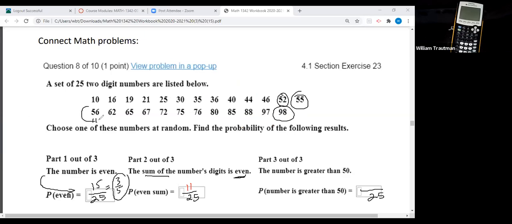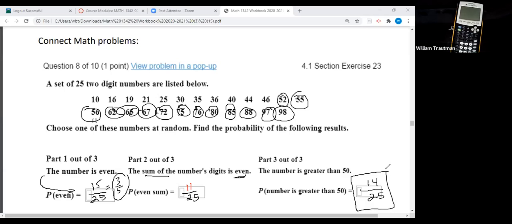All of these are greater than 50. 1, 2, 3, 4, 5, 6, 7, 8, 9, 10, 11, 12, 13, 14. 14 are greater than 50. I don't think it reduces, so we are done. 14 out of 25 are greater than 50.